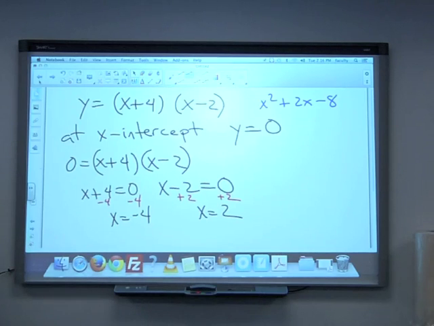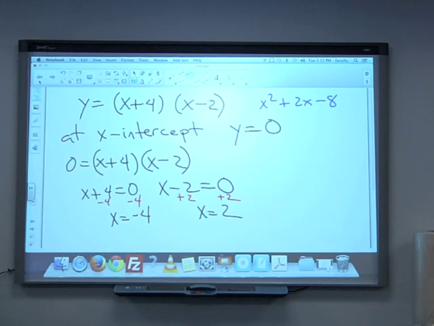Next thing, y-intercept. What is true at the y-intercept? It crosses the y-axis, and what else is true? In terms of the coordinates of that point, what's true? Equals 0. What is equal to 0? Y. Not the y, the x.